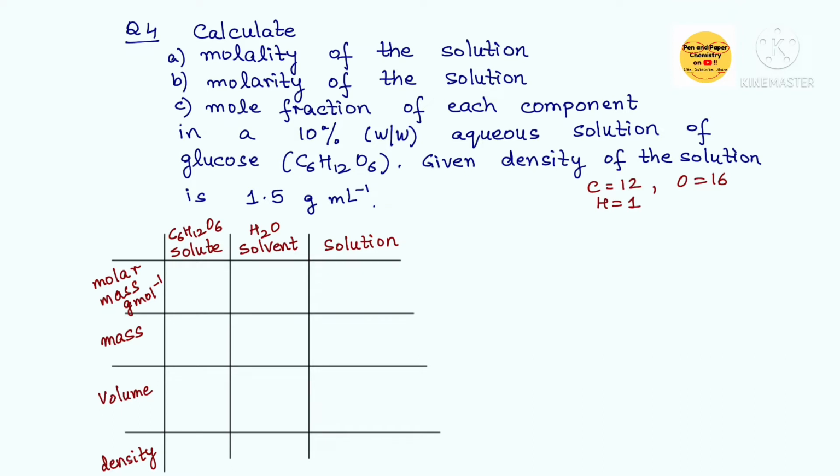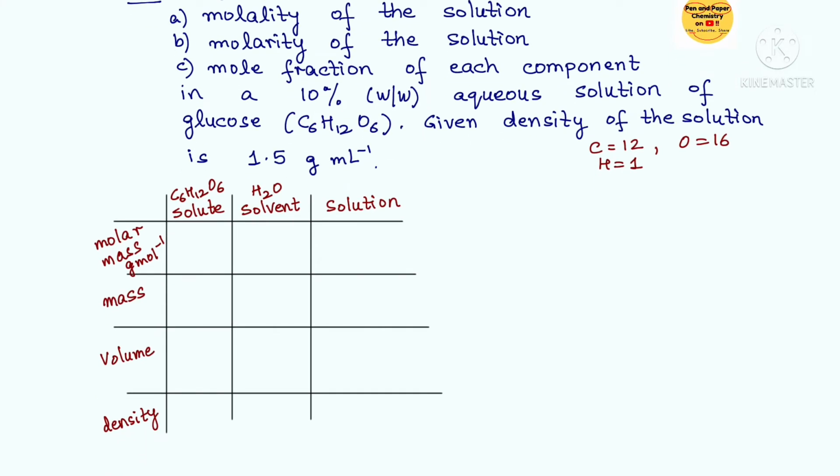So the question was, calculate the molality, molarity, and mole fraction of each component in a 10% aqueous solution of glucose by weight. And now what we are going to do is tabulate the data.